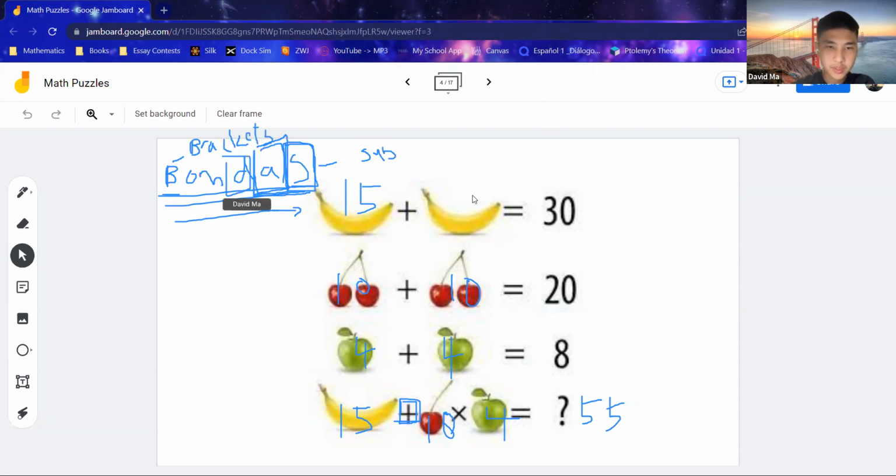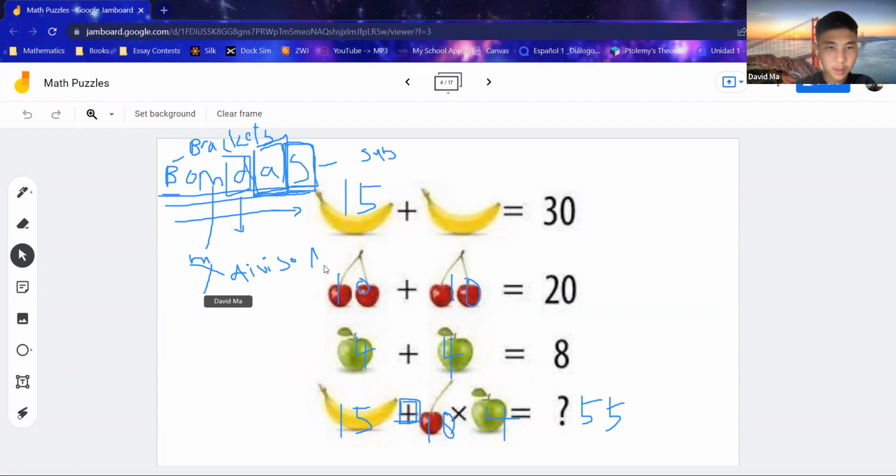Moving on, you have D, which represents division. And then you also have M here. It looks like an N, but it's M, which represents multiplication, which is the X sign.